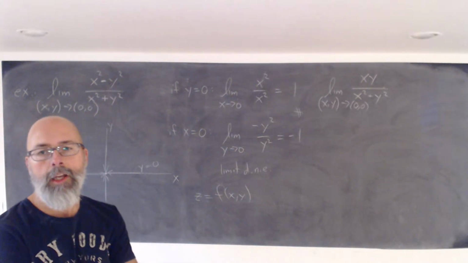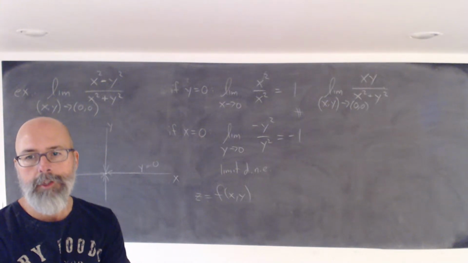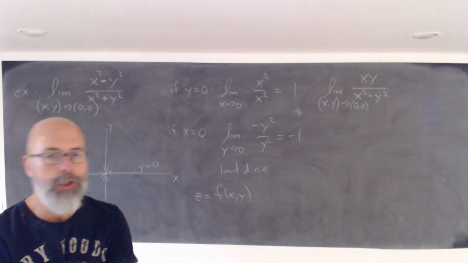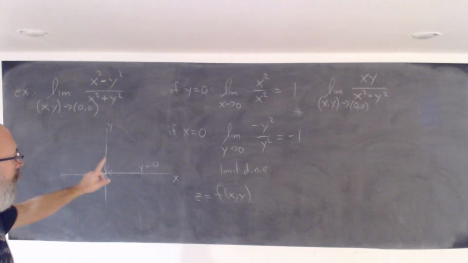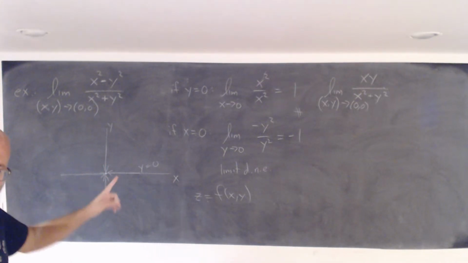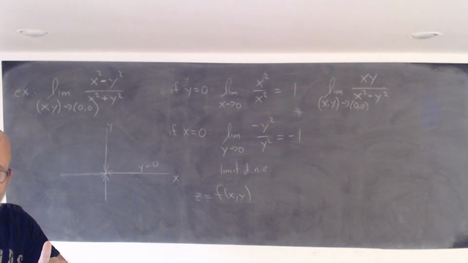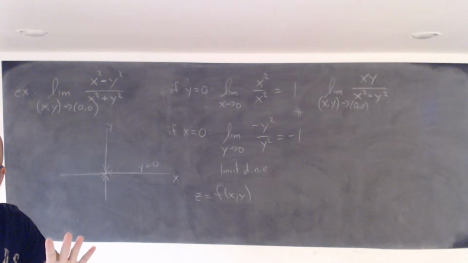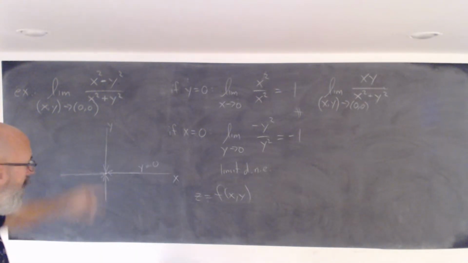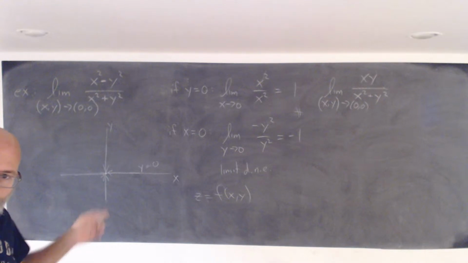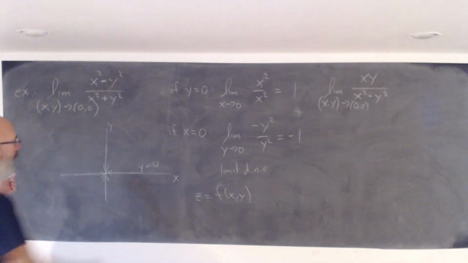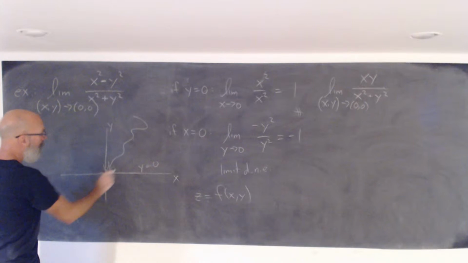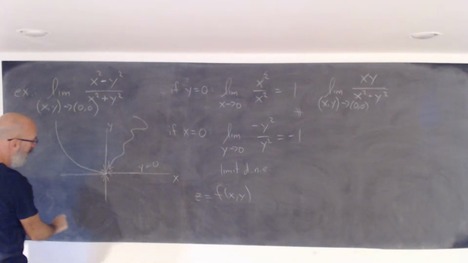Brune is saying you can only check 2 paths here. What if we are in higher dimensions? Well, in this particular example, we only checked 2 paths, and that was sufficient for us because they turned out to be different. If they were equal, there are still many paths to check, right?